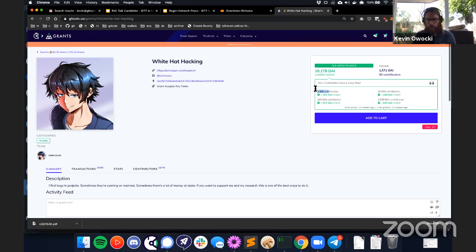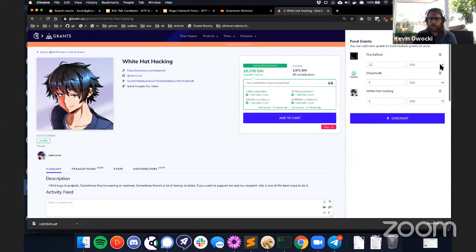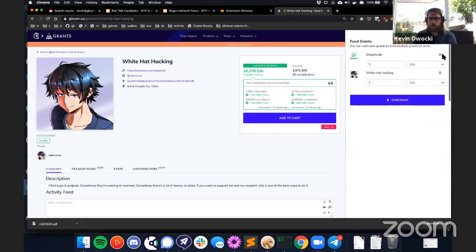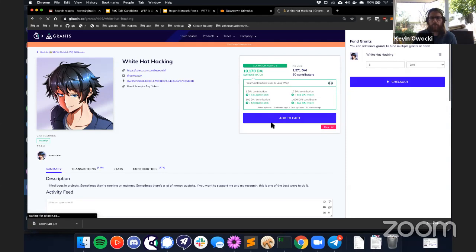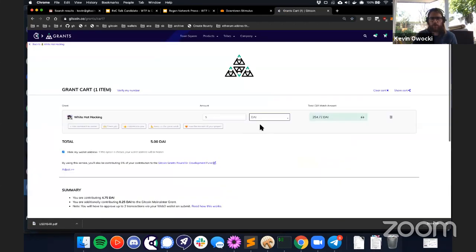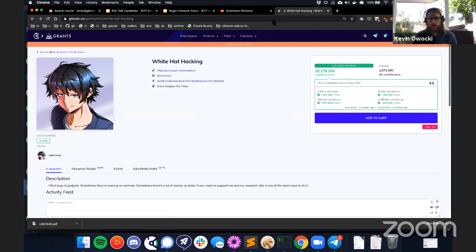So I can contribute $1 and this grant will get a $200 match. If I were to go through the checkout flow, this estimate would update as my contribution goes through. It would recalculate the matching curve for all of the grants in the round, and then display a new number to the next person who comes along to vote their preferences. So the answer is that it's instant; we update the estimates.